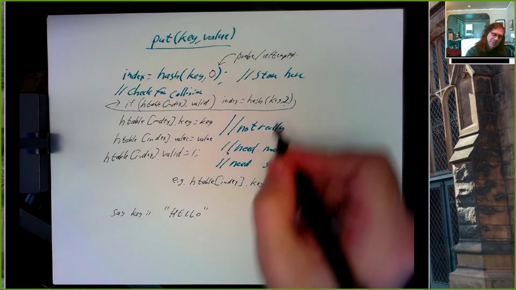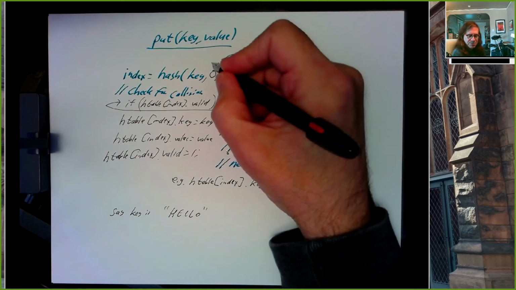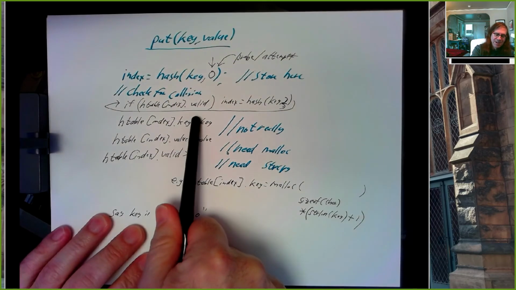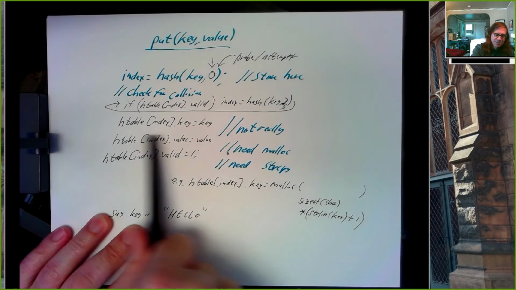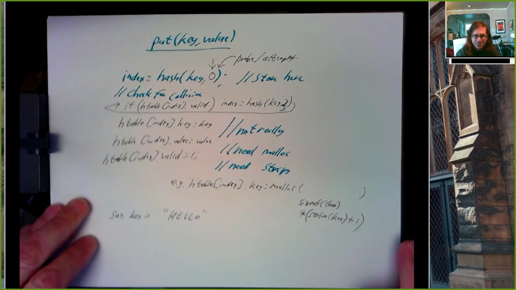And if that gives us a collision, we have to hash with a probe of 3, and we have to keep going. So this should probably be a variable, right, so that we can increment it. And then once we find a value where the valid bit is 0, we can go ahead and store the key, store the value, set the valid bit, and we're done. So let's write that up a little cleaner.